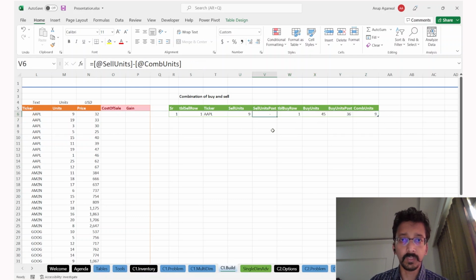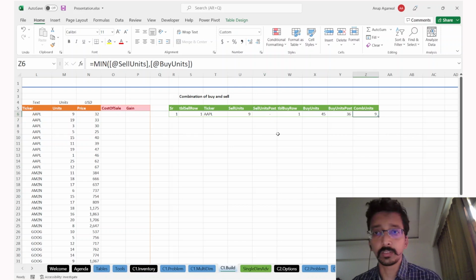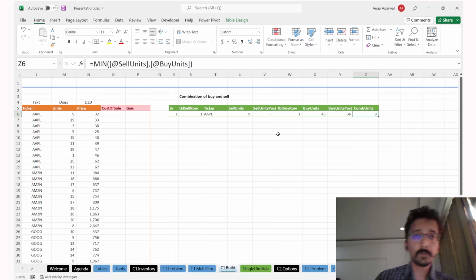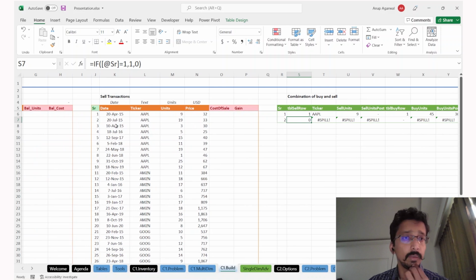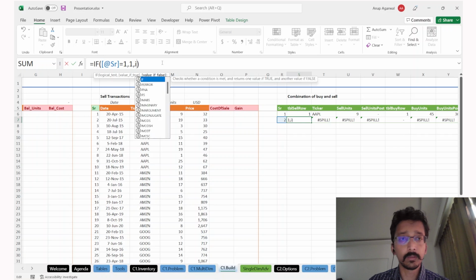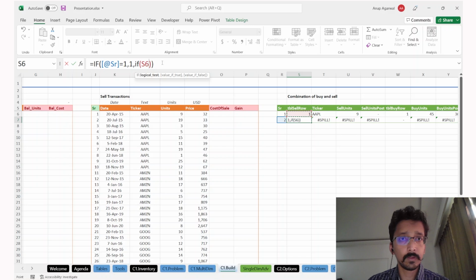I'll format it to read zeros as dashes. Okay, so now for the next row, we want to now intelligently look at, is it time to go to the next sell row or not? And so over here, I'll write a formula that, from the previous sale, if the unit post the sell is 0, then it's time to go to the next row.